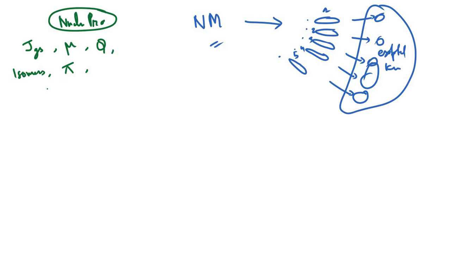Then we have to explain the consistency of binding energy per nucleon. Next, we have to explain fission, and the non-existence of nuclei heavier than uranium-238 or so.